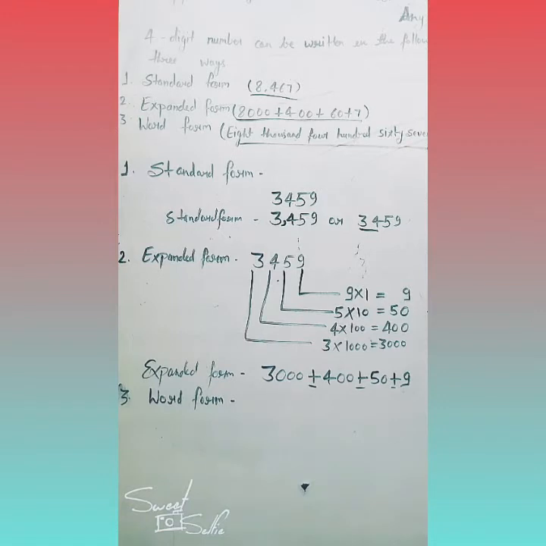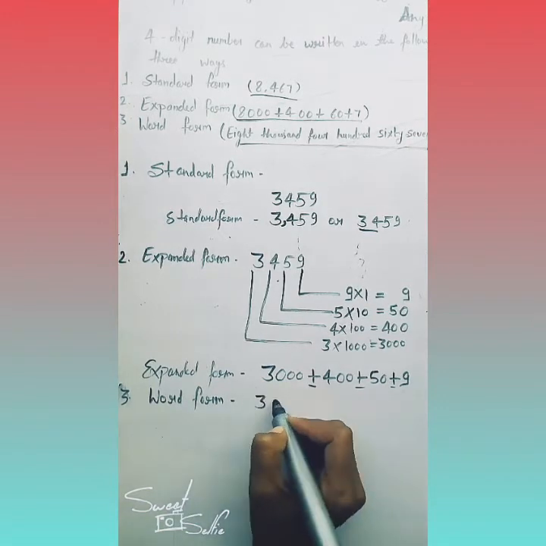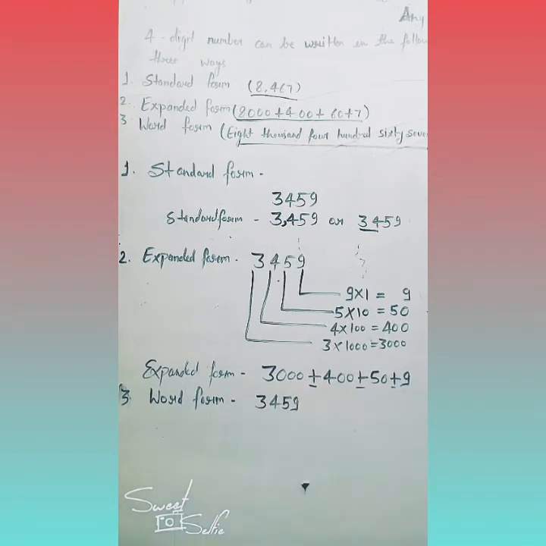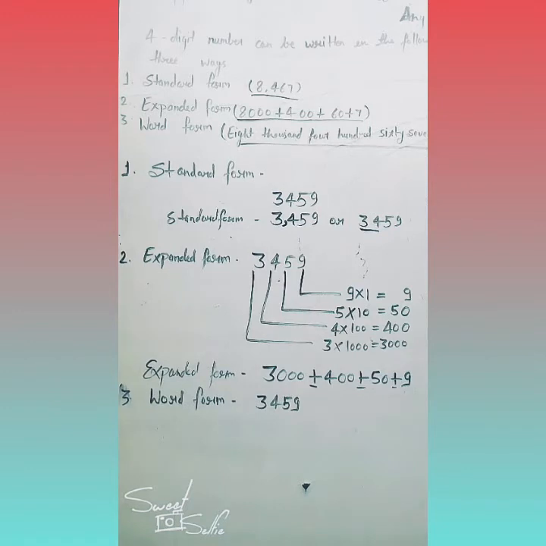Okay, so we have to write 3459 in words. So it is also very simple to write any number in word form: simply as we are reading this number, in the same way we have to write it in words.